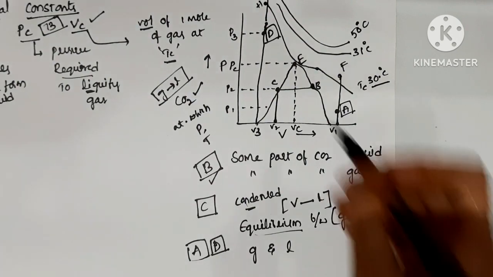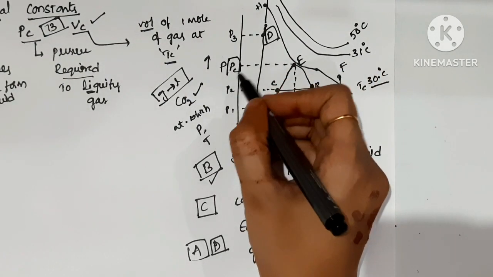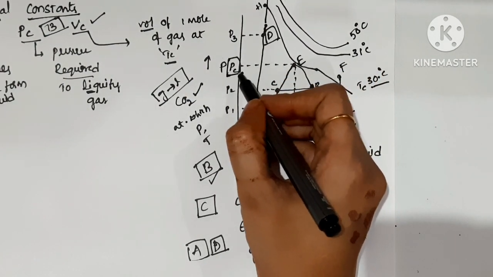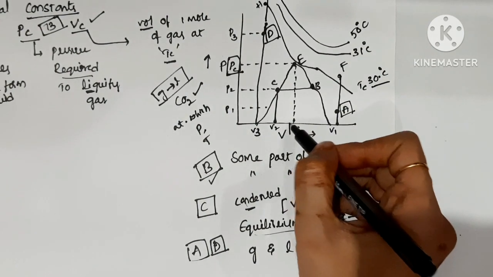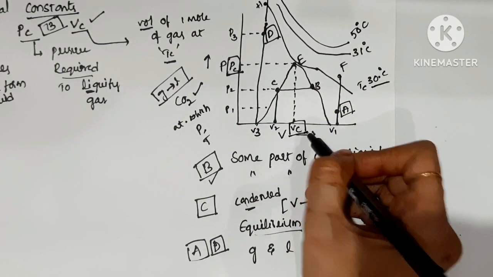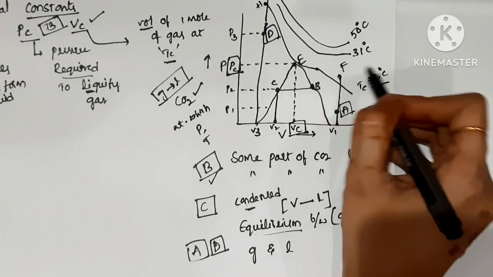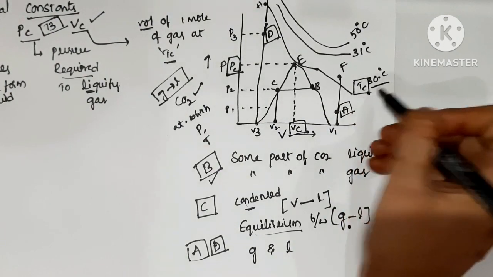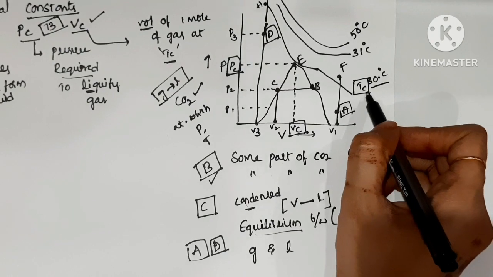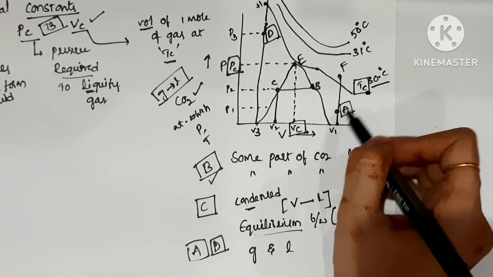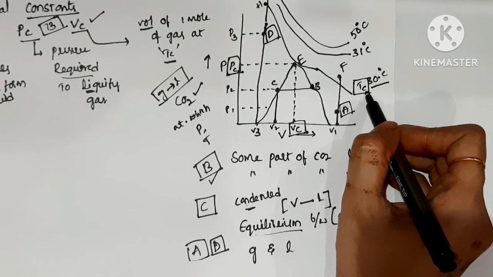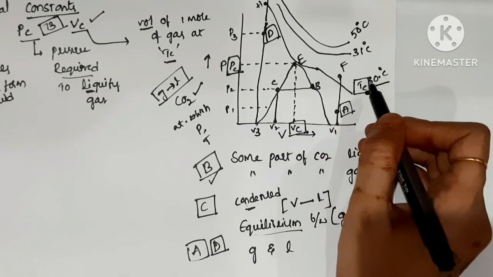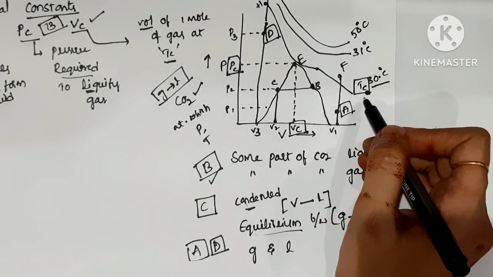Right? Here, critical pressure PC, at this pressure, here critical volume, critical temperature, right? At this critical temperature point, the total CO2 gas is converted to liquid state.